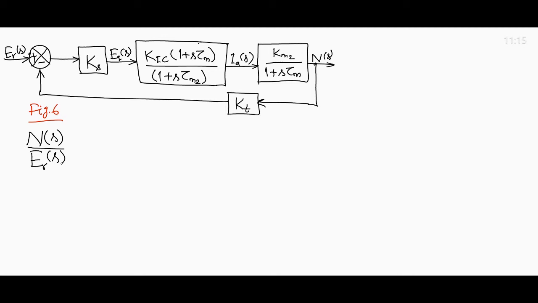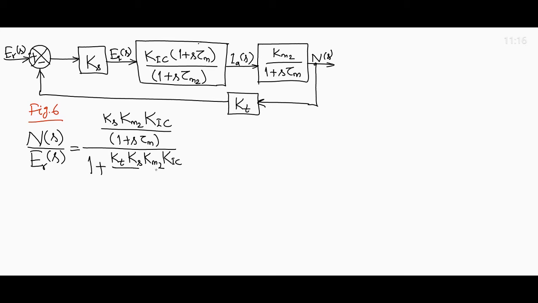This is Ks the speed controller gain, Km2 this gain, and then KIC divided by 1 plus S tau m, whole divided by 1 plus KT Ks Km2 into KIC, whole divided by 1 plus S tau m.